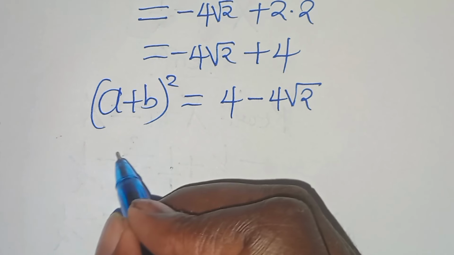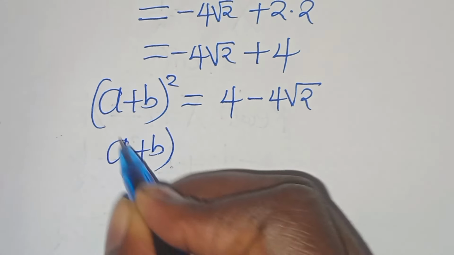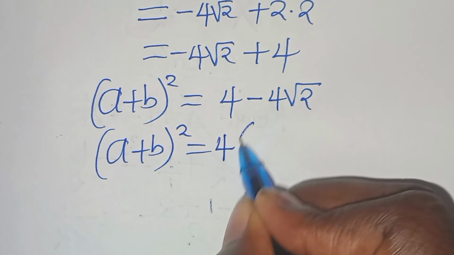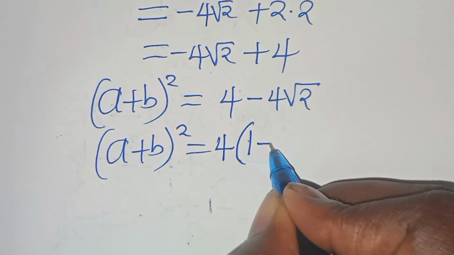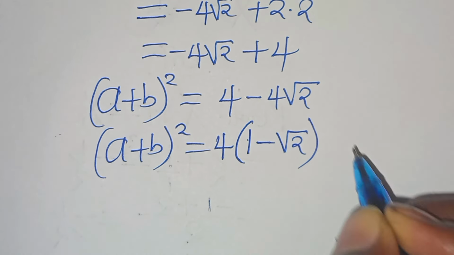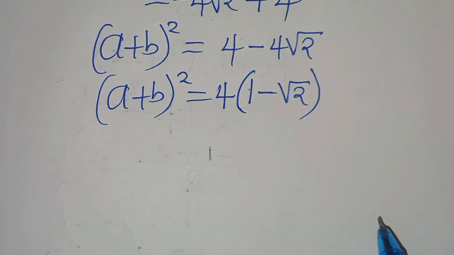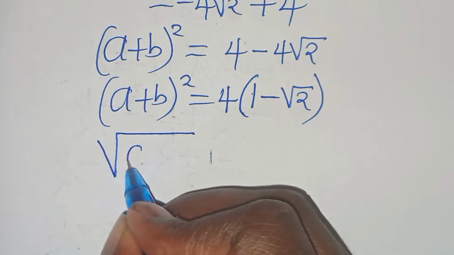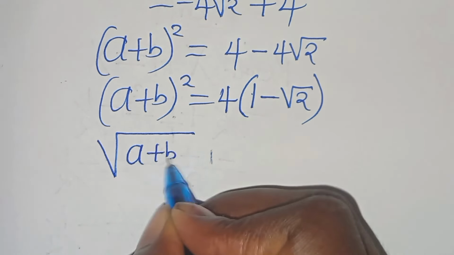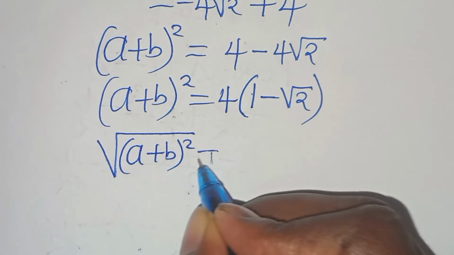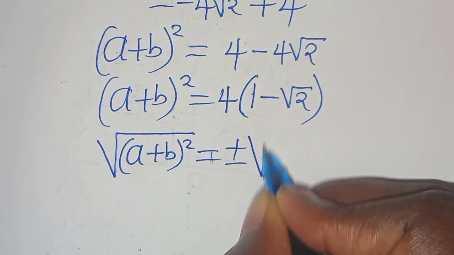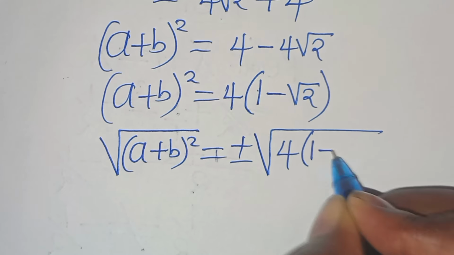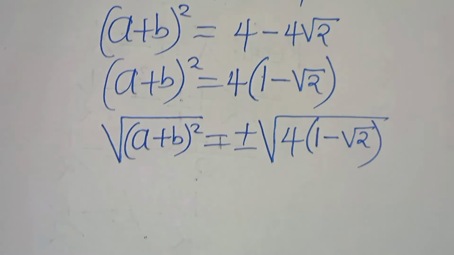Now we have that (a plus b) raised to the power of 2 is equal to, since 4 is common here, we can factor out 4, so that we have 1 minus root 2. Now, for a plus b here, let's introduce a square root on both sides, so that we have the square root of (a plus b) raised to the power of 2 equal to plus or minus the square root of 4 times (1 minus root 2).